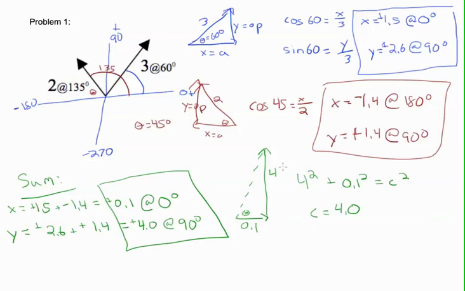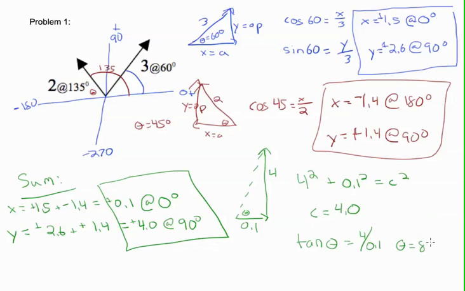And that's okay. Now to find our theta, we have tangent of theta equals opposite over adjacent. And we have theta equals 89 degrees. And we said it was going to be very close to 90 because the x's in these two vectors cancel each other out.